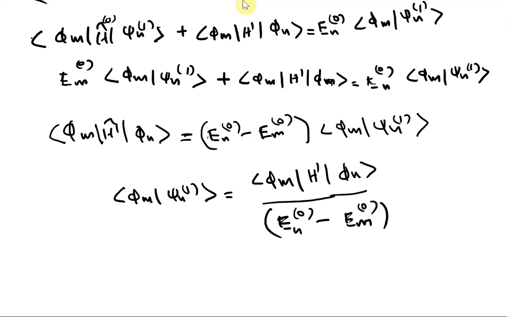So this is the quantity phi m psi n1 that we need to find out. So we got the value corresponding to that. So if you know that, you got it.